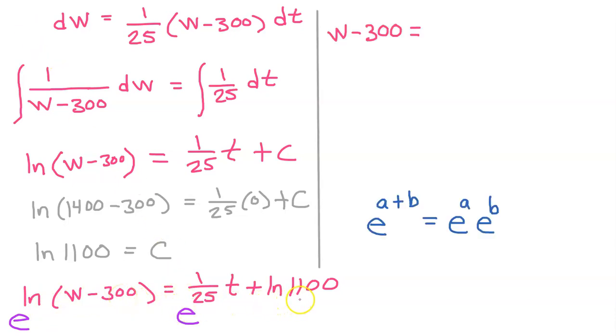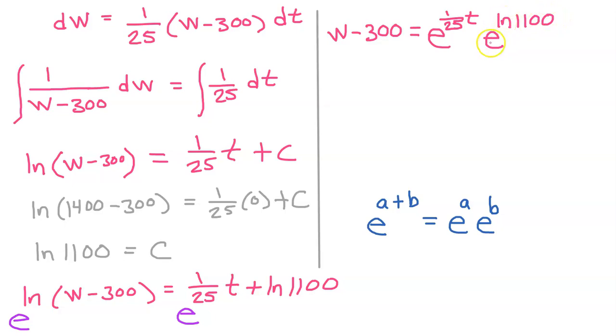On the right-hand side, I'm going to use a property of exponents that says e to the a plus b is equal to e to the a times e to the b. Similarly, e to the 1/25 t plus natural log 1100 will equal e to the 1/25 t times e to the natural log 1100.